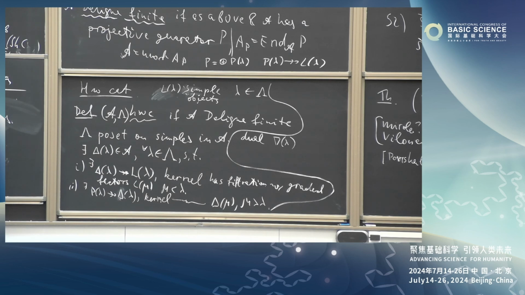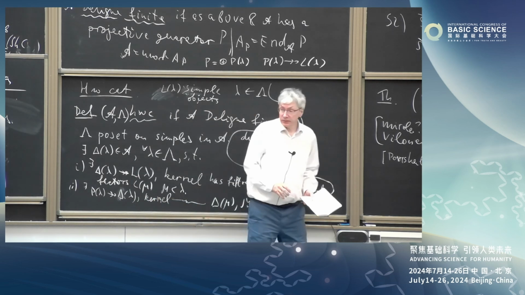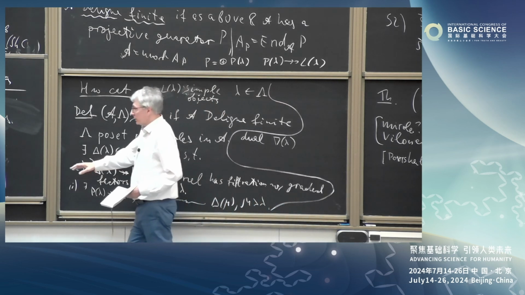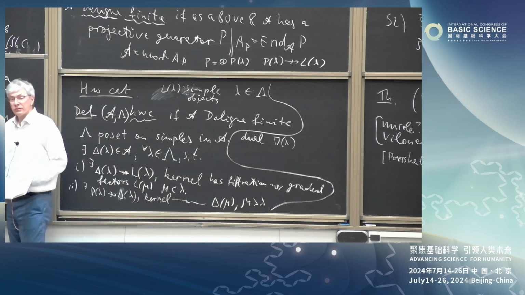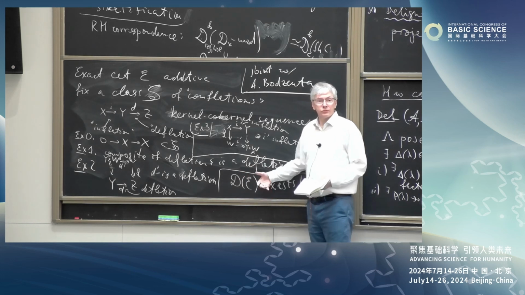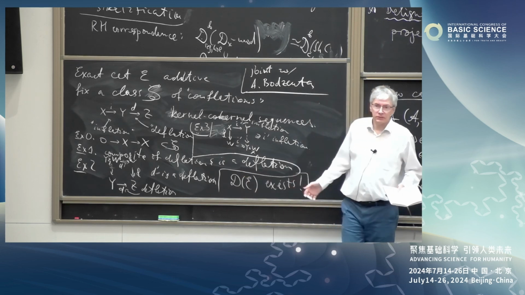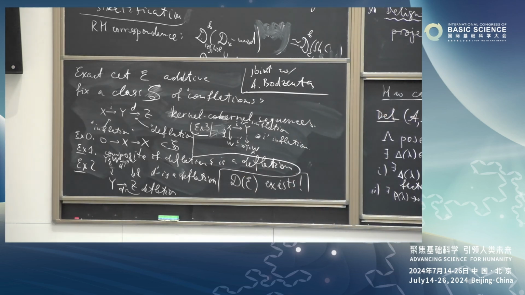So homological algebra is applicable to exact categories. The difference is that an abelian category is a particular example of an exact category, and if it's abelian, then in the derived category you have the canonical t-structure, while in D of E you do not necessarily have any t-structure at all.